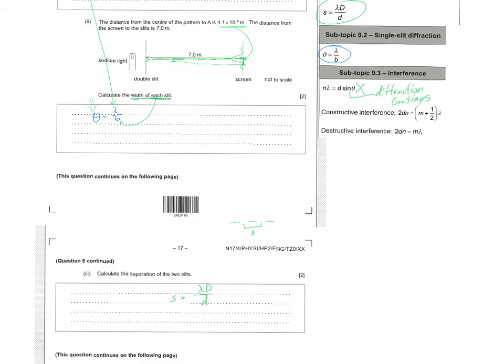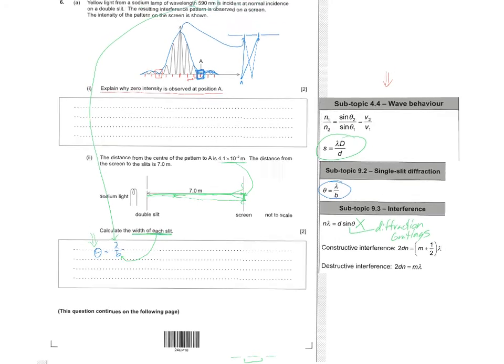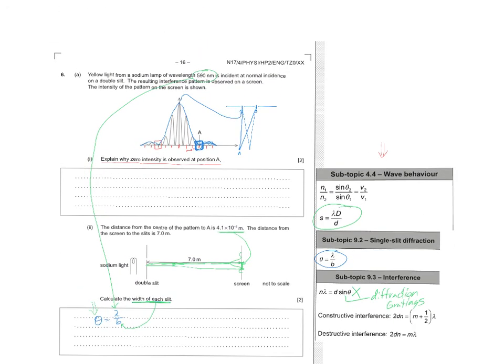We're trying to find the separation of the two slits. That would be this guy right here. You have the distance from the wall, which is 7 meters. You have the wavelength. And now we need to find how far apart those individual slits, the bright spots are. So going back up here, I see from here, I go through 1, 2, 3, right? That would be 3 of those s's is where that bright spot should be.